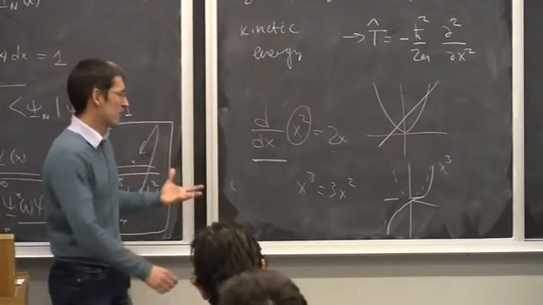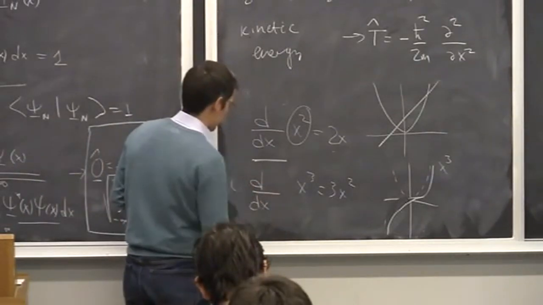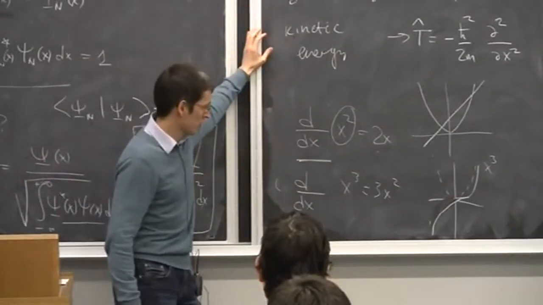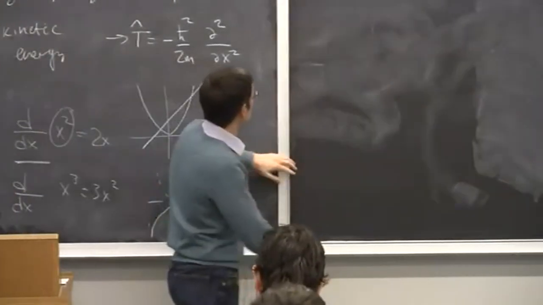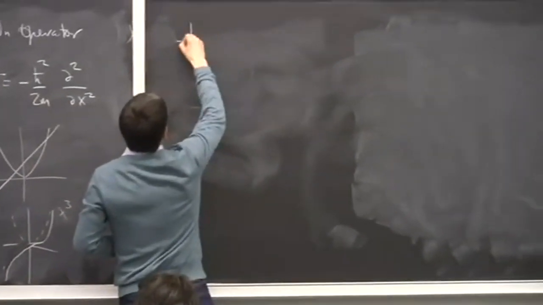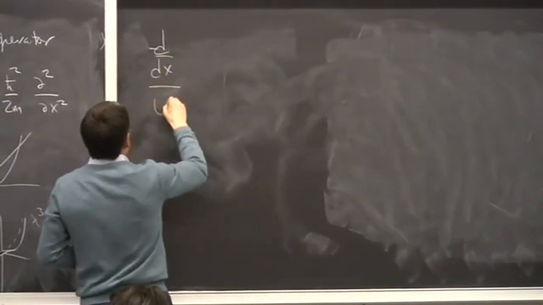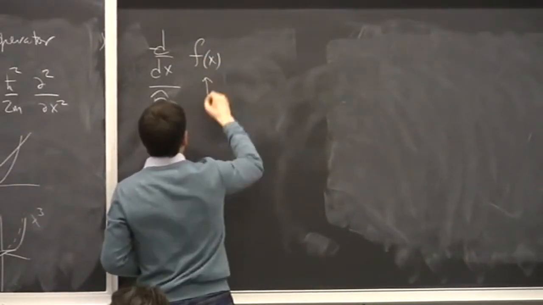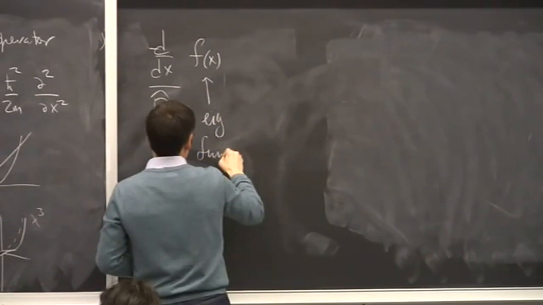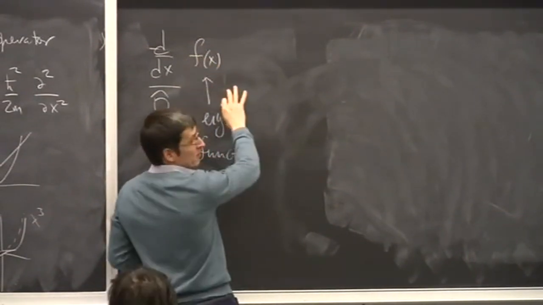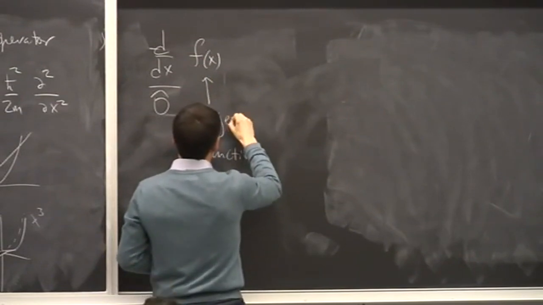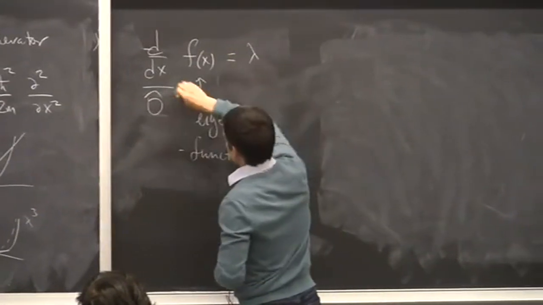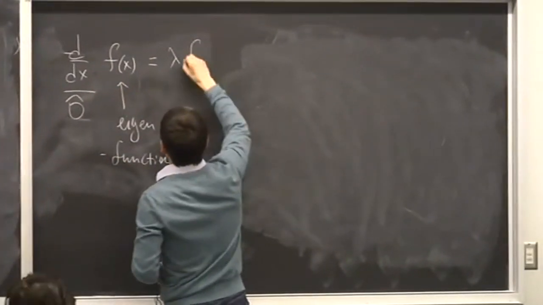Now, it turns out that there are magical functions which are called eigenfunctions. They're magical because, say we have d over dx as our operator, and that magical function, which we call an eigenfunction, and I haven't defined it yet, but I will. That function, when the operator acts on it, will produce the same function back.